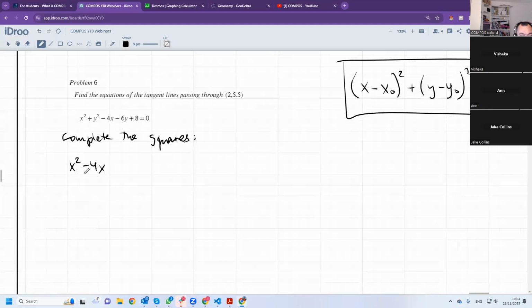Well, you need a 4 here to complete the square. Now for the y, so it's plus y squared minus 6y. And to complete the square, you need a 9. Now 4 and 9 make 13, but you need 8. So it's going to be minus 5. I don't like that, but okay, that's fine.